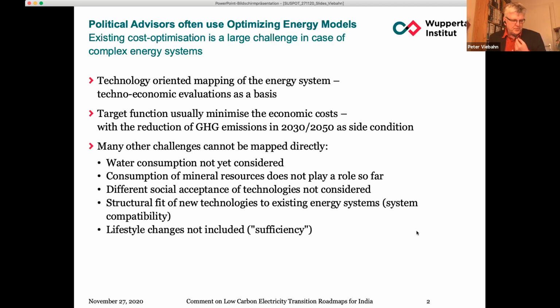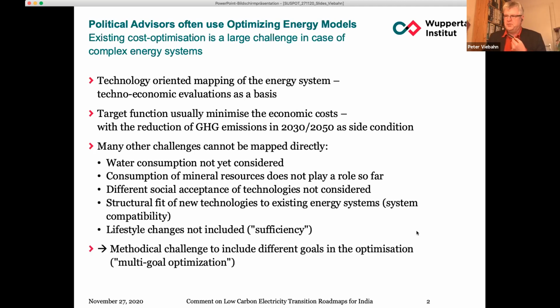Different social acceptance of technologies is not considered, or the structural fit of new technologies to existing energy systems, so the system's compatibility. Lifestyle changes are not considered either: if you speak of sufficiency, how many cars you need or how large houses you need. So it's a methodological challenge to include different goals in the optimization. In principle, it would be a multi-goal optimization.